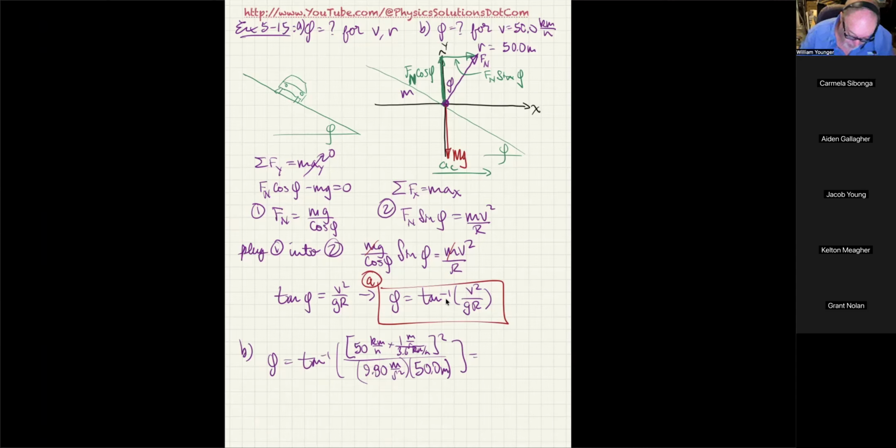Now I'm going to square that, 13.89 meters per second squared. I'm trying to fit in the inverse tangent there, so let me put this equals a little closer over here.